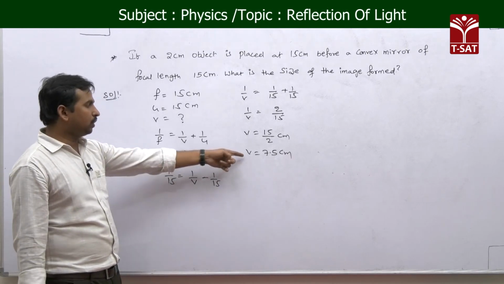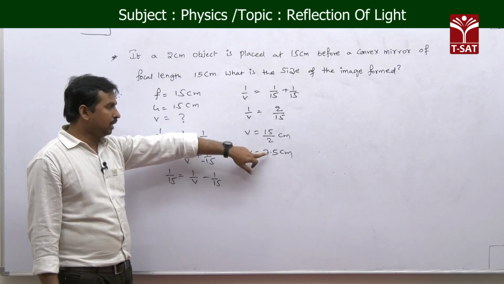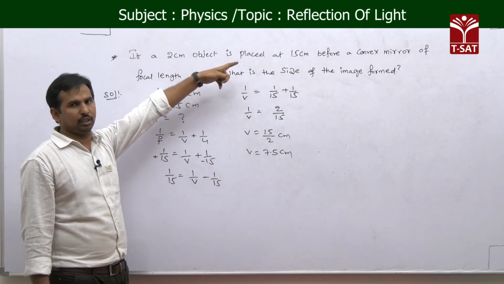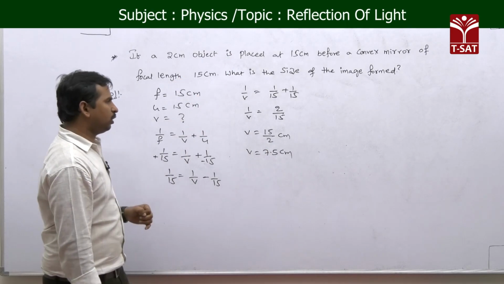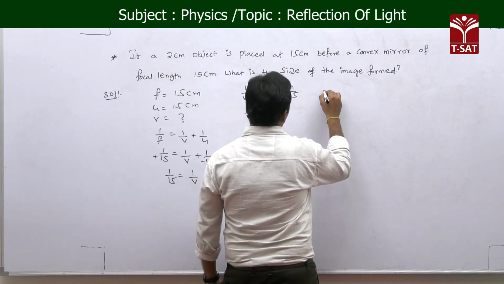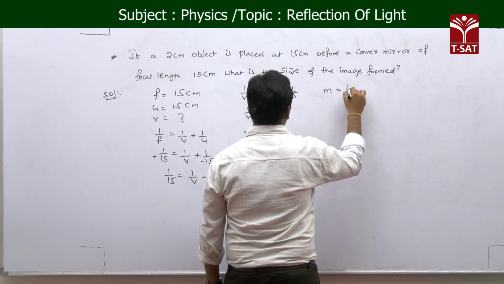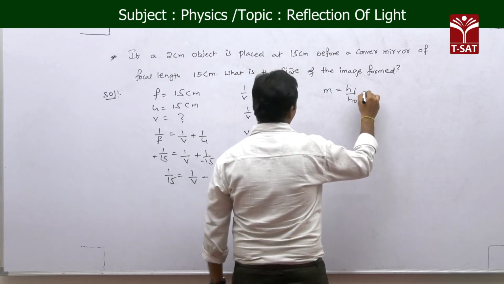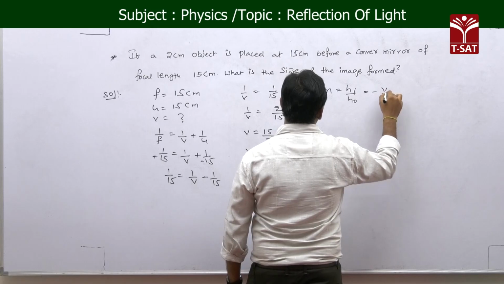And not only that, if you see the sign convention for the image distance, positive is there, which is like a convex mirror. Now we need to find magnification here. We know that magnification m is equal to height of the image by height of object, and it is also equal to minus v by u.